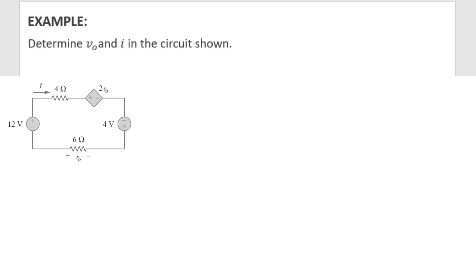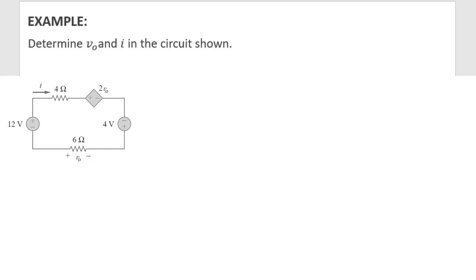Proceeding with a more complex example, determine VO and I in the circuit shown. First step, assume current direction with each resistor. But there is already a current assumption on the 4 ohm resistor, which is this current I with direction to the right.